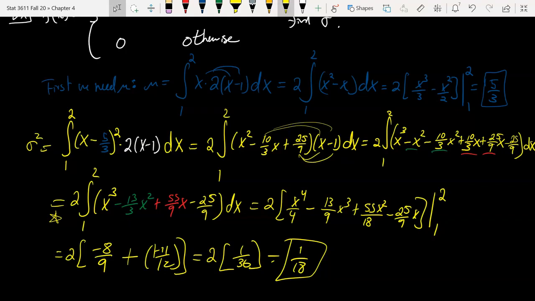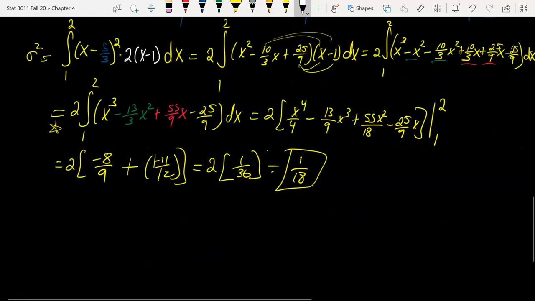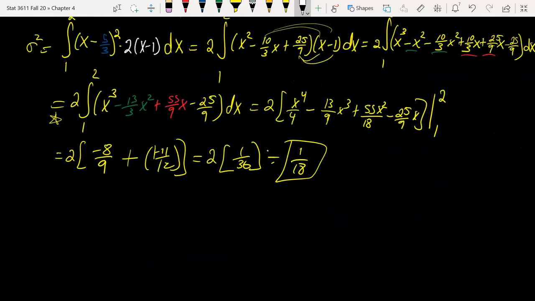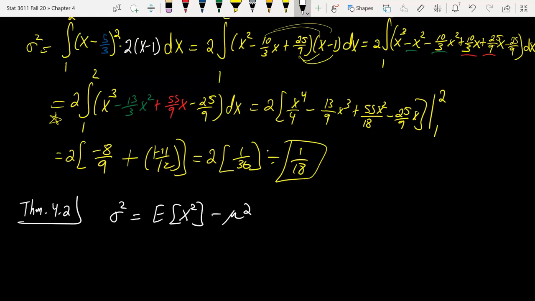So that begs the next question for me, the next idea that I want to talk about, is this theorem right here that is, in fact, almost certainly more commonly used for computing the variance. It says that the variance of a random variable is equal to the expectation of the variable squared minus the mean squared, right?